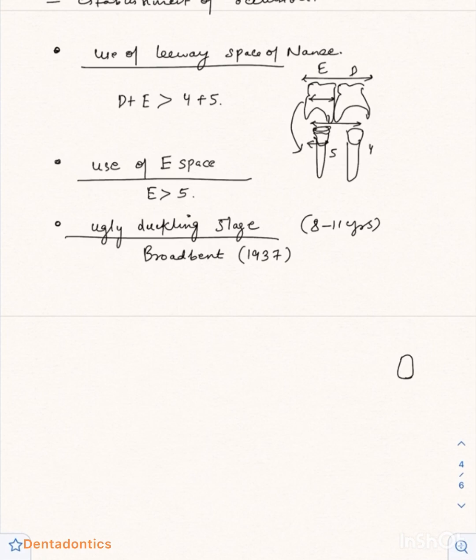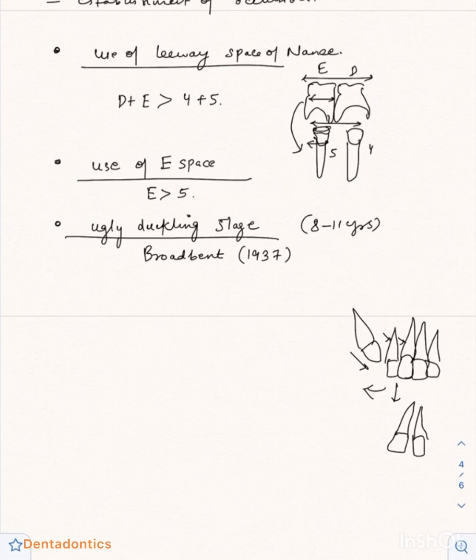When the permanent canine erupts, it creates pressure on the root of the lateral incisor, which subsequently create pressure on the root of the permanent incisor or central incisor, which cause the distal movement of the crown and the mesial movement of the root, leads to the flaring of the central incisor, which is very unaesthetic in appearance and called as ugly duckling stage.